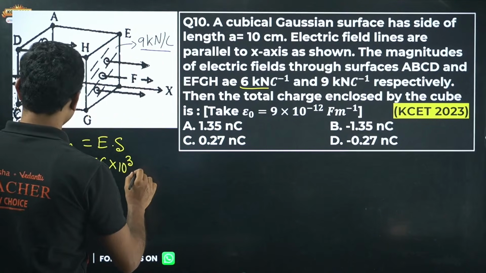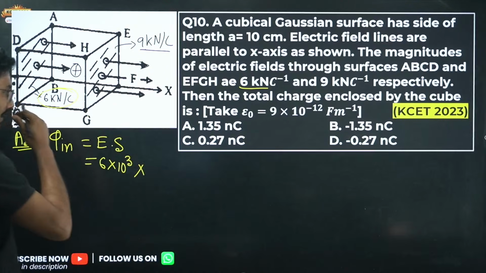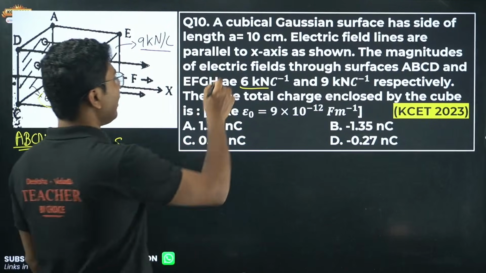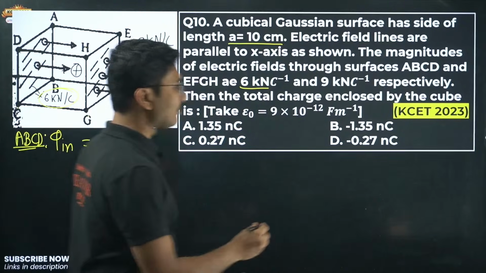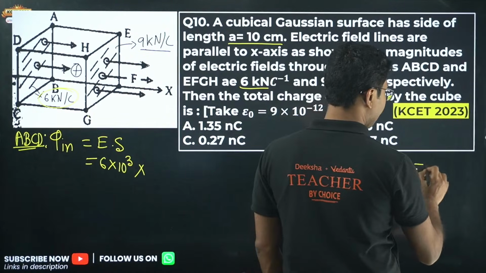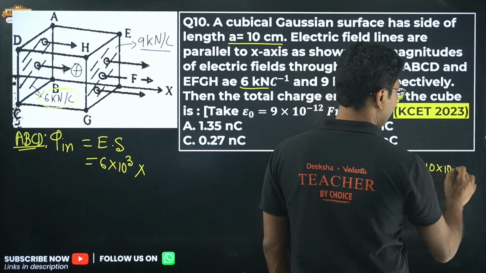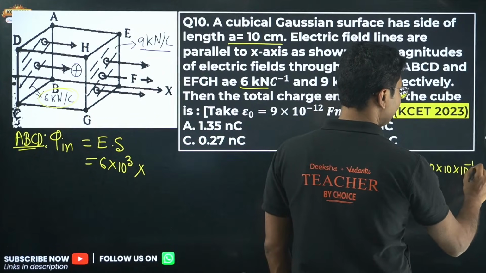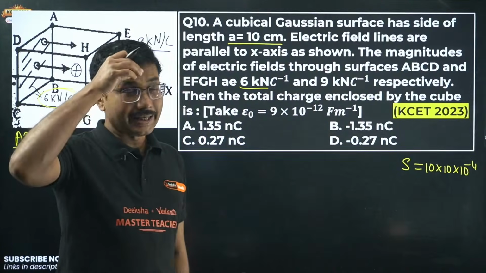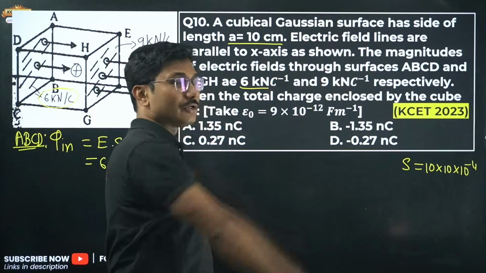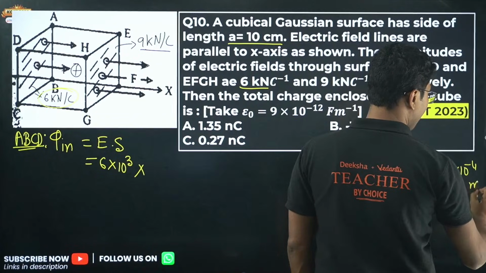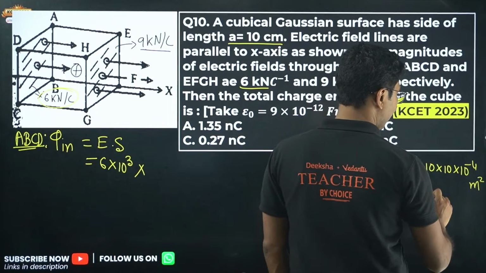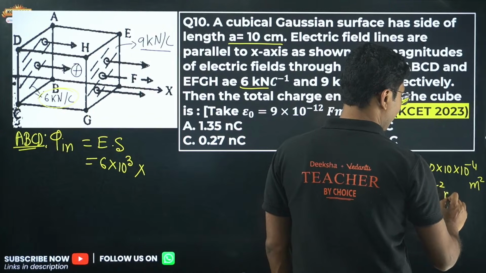And what is the surface area? It's a cube, so all sides are 10 centimeters. Let me calculate the surface area first. Surface area is 10 into 10 into 10 to the power of minus 4, because we are calculating area, so it is in centimeter square, and you have to convert centimeter square to meter square. So it will be 10 to the power of minus 2 meter square.